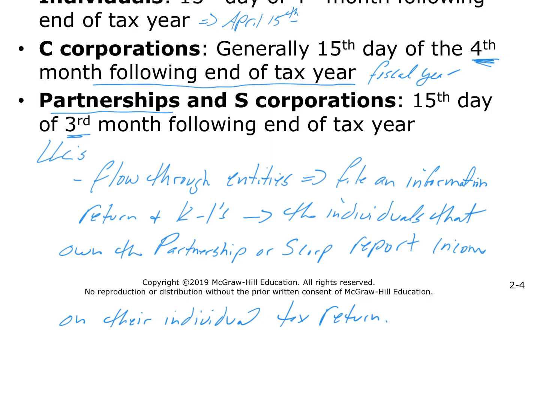So they need those K-1s from that partnership or S corp or LLC in order to file their taxes. So that is why there is that month in between, right? It makes sense, okay?